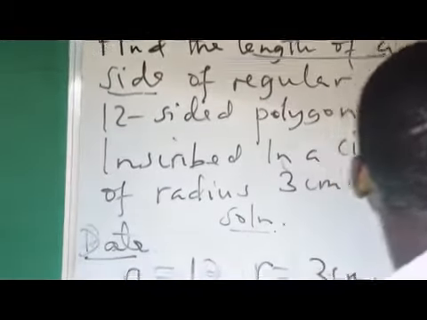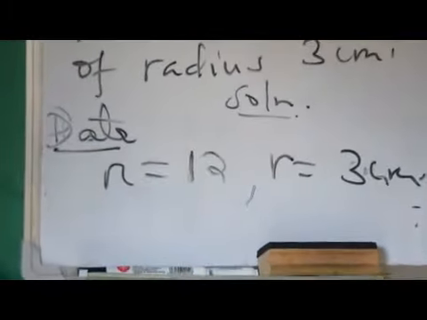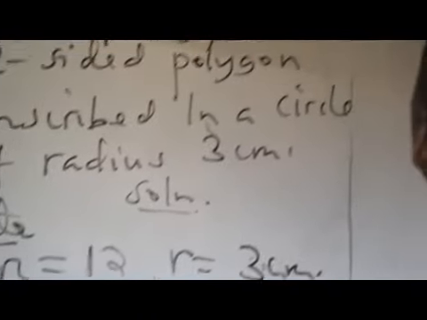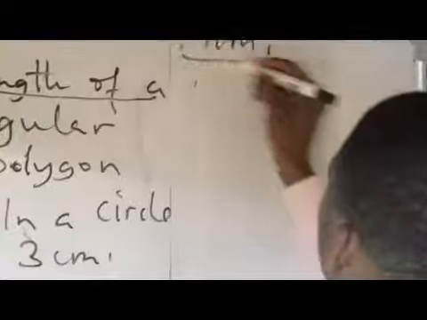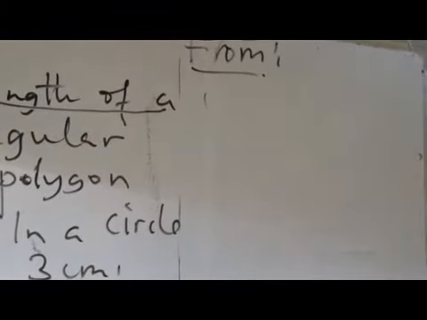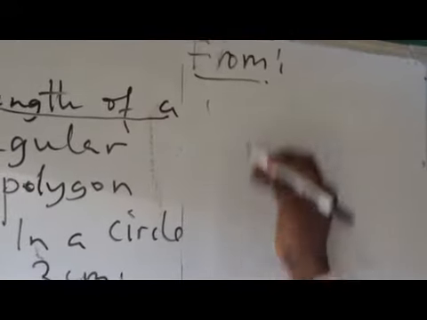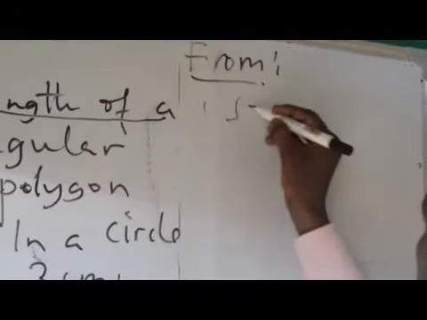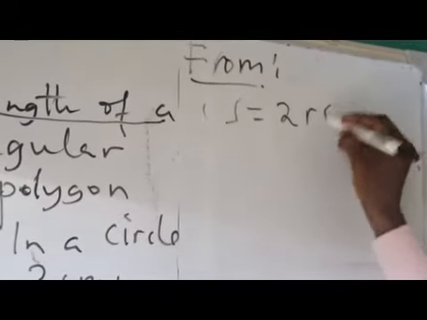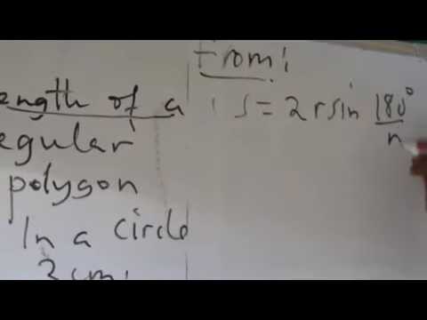Okay, so from the formula, because we are not finding the perimeter, here we have to use the formula for finding the side. Remember, we derived this one: S equals 2r, the sine of 180 degrees over n.